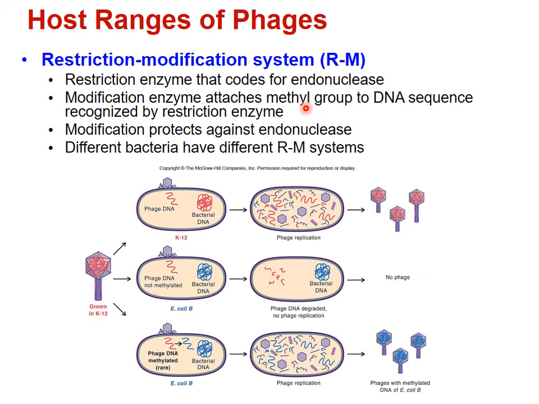So the DNA is now protected. Any DNA that has this modification is protected from the endonuclease. Different bacteria have different restriction modification systems, which have been great for biotechnology, because many researchers have isolated different ones, and now we have a whole host of restriction enzymes that we can use to cut DNA to our liking for whatever purpose we need.